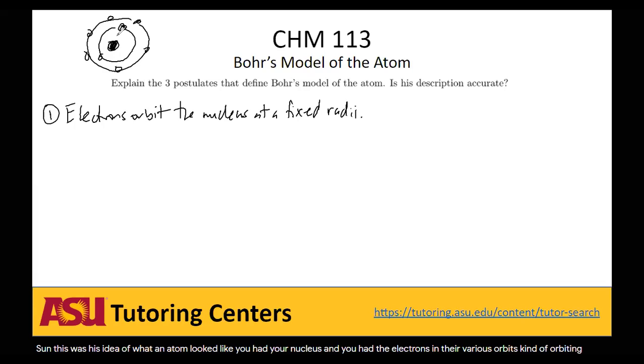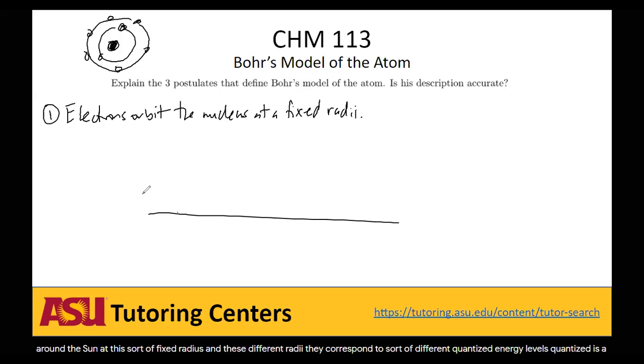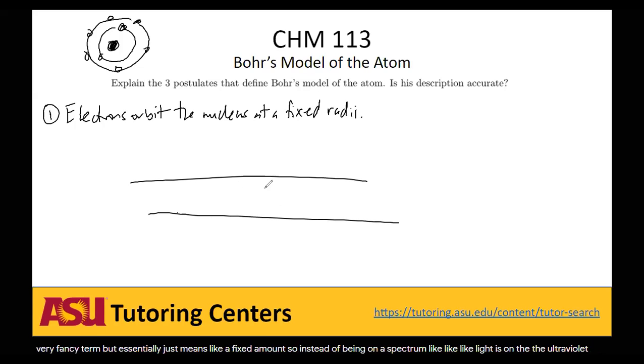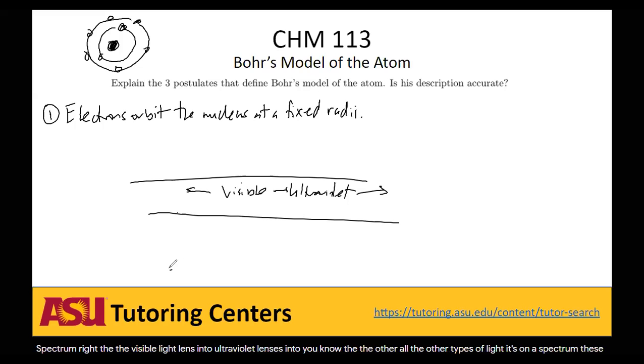These different radii correspond to different quantized energy levels. Quantized is a very fancy term, but it essentially just means a fixed amount. So instead of being on a spectrum, like visible light blends into ultraviolet, which blends into all the other types of light, these are quantized, which means they're fixed.